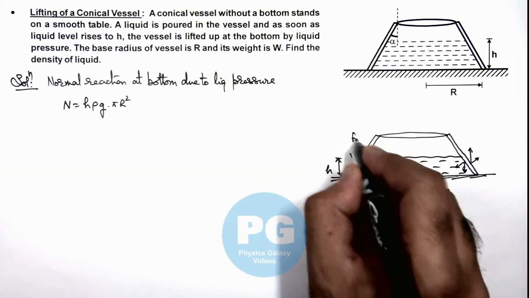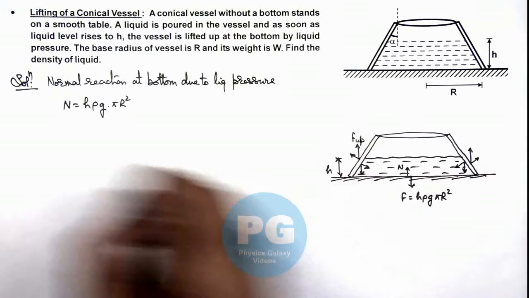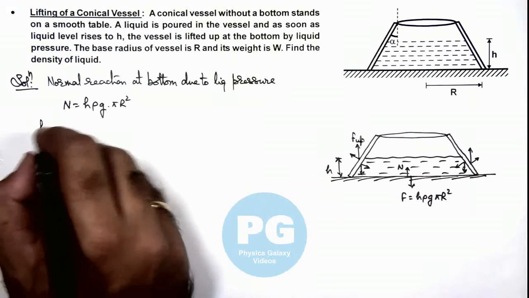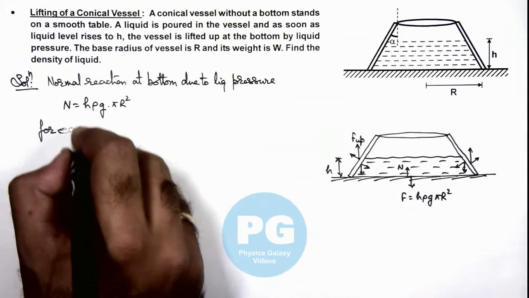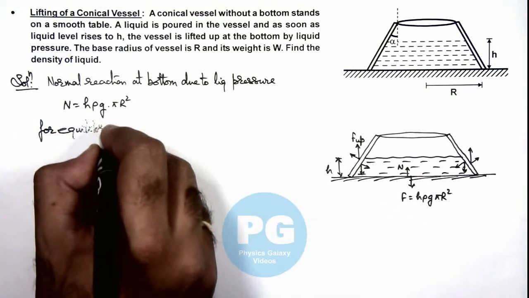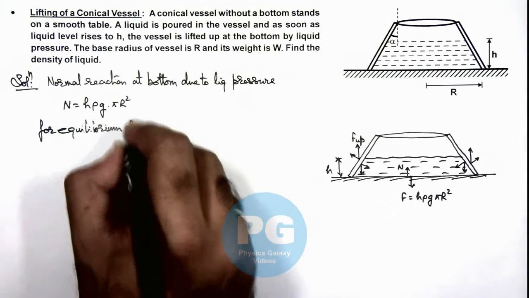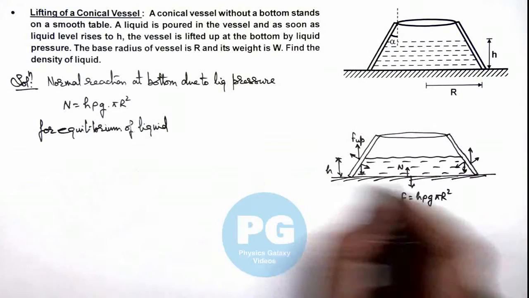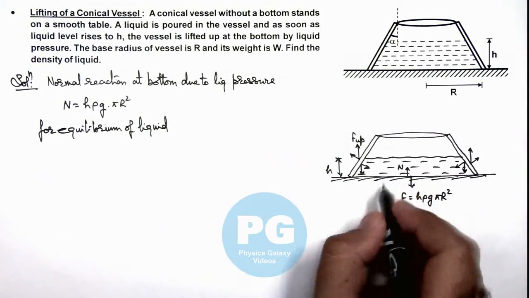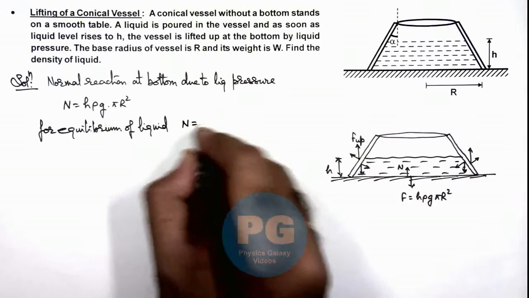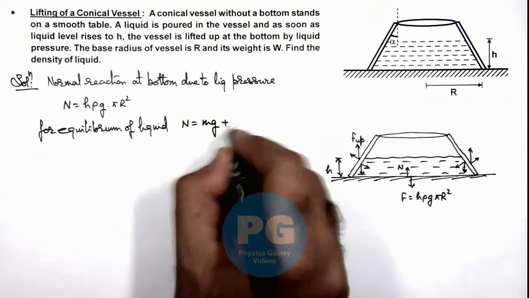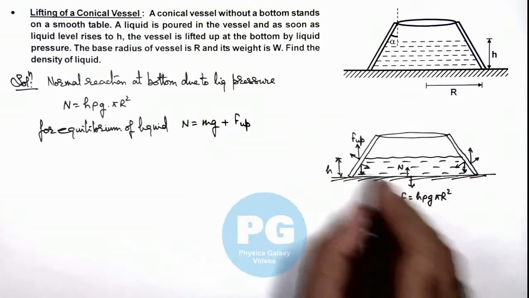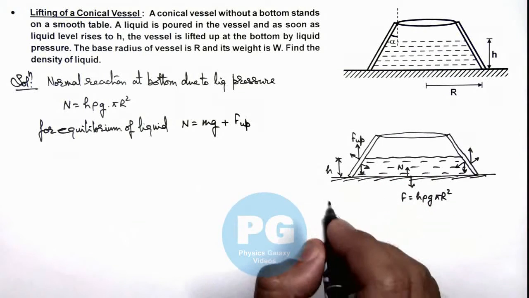So if we write it as F up, then here we can write for equilibrium of liquid, the upward force is N and downward is its weight, mg, plus the force in the downward direction which is acting on the liquid.